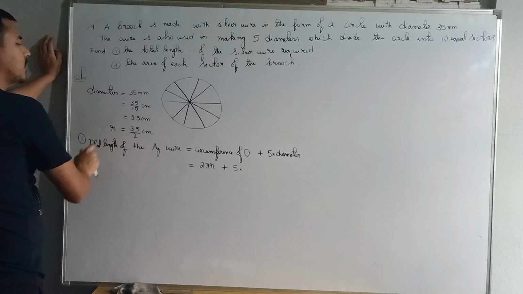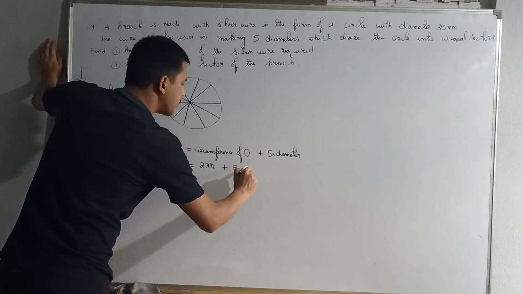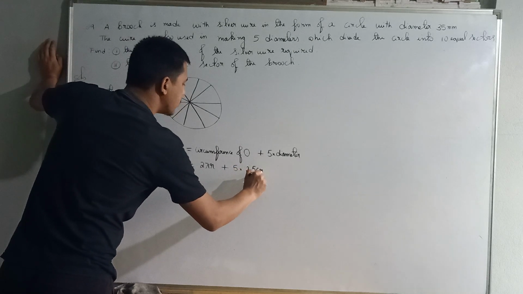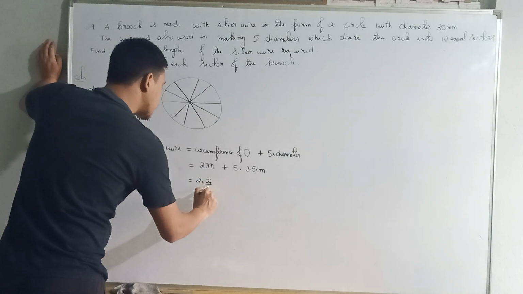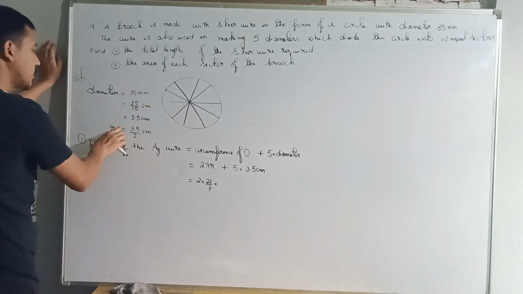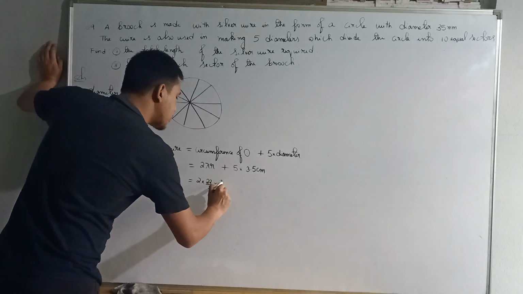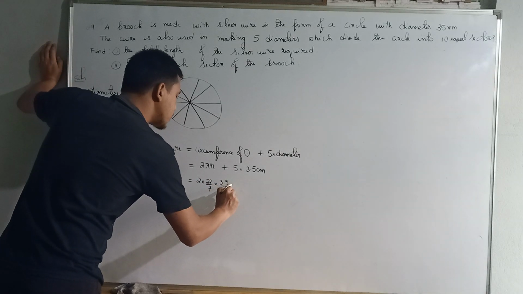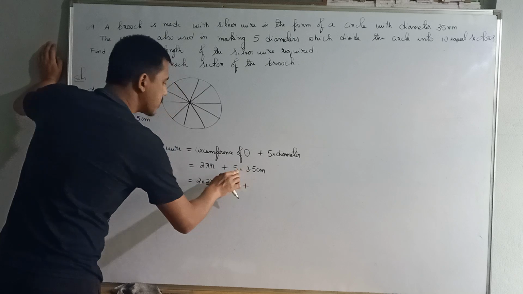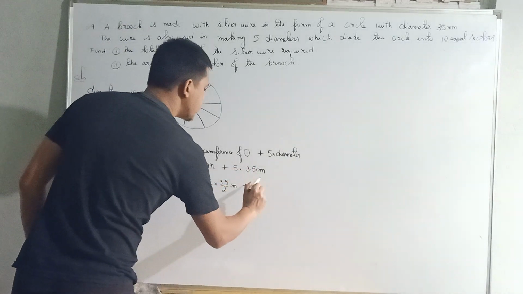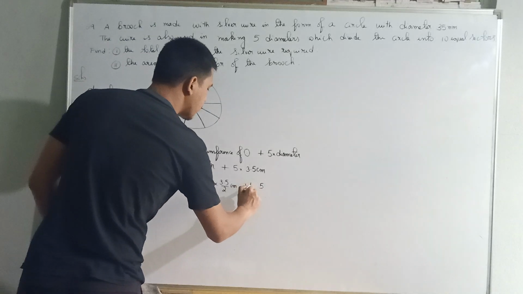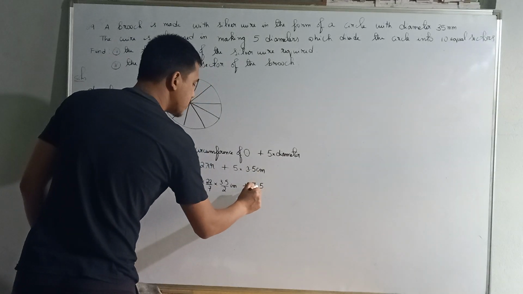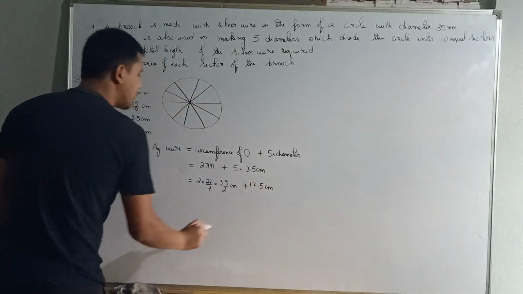Diameter is 3.5 centimeter long, so 5 into 3.5 centimeter. Now 2 into pi means 22 upon 7, into radius, your radius is 3.5 upon 2 centimeter, plus 5 times 3.5 is 17.5. After decimal 1 digit, so we put the decimal over here.